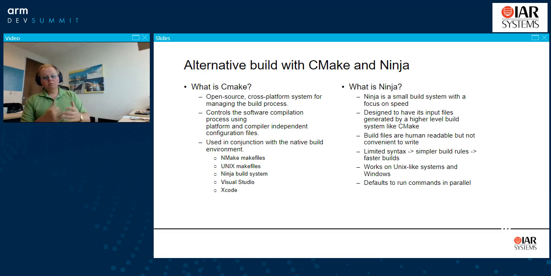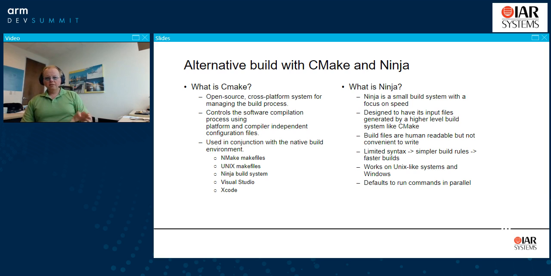So we do support CMake. CMake is a higher level process, and it can invoke a build process like Ninja. Ninja is extremely popular these days, and it is a build system focused primarily on speed and getting that build to happen as quickly as possible.